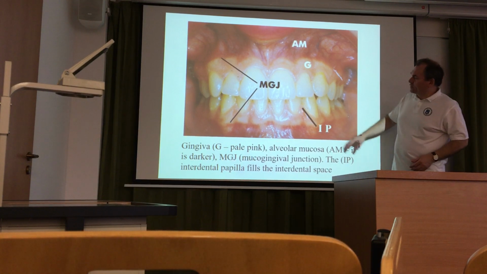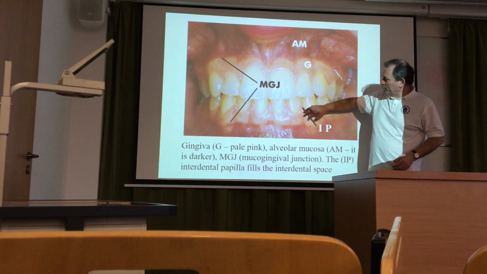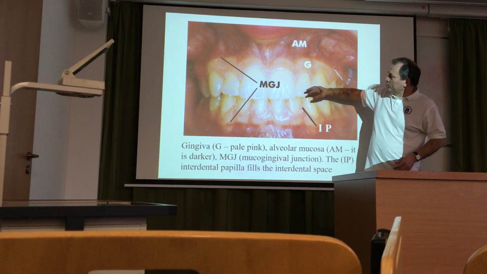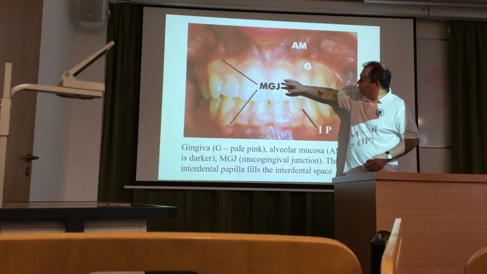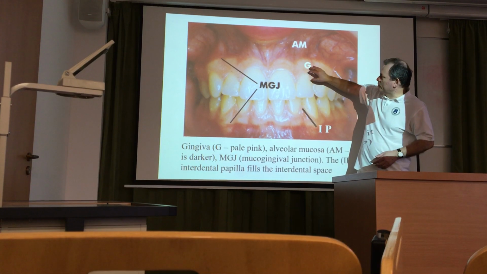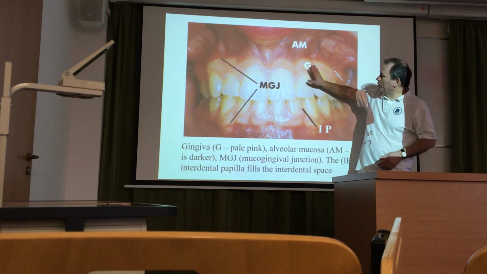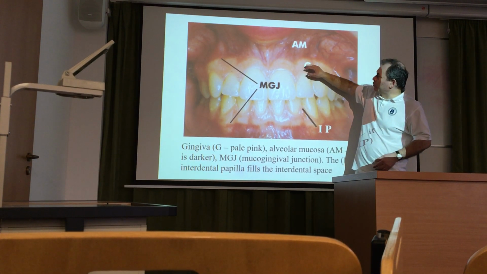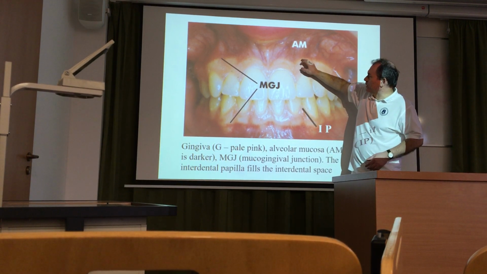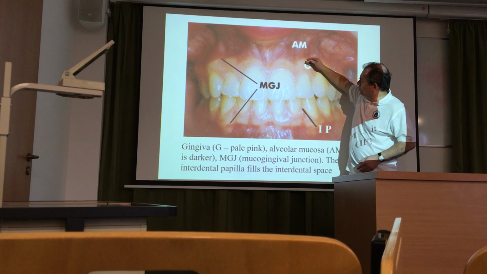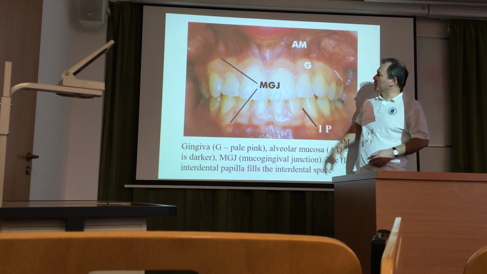You can see here the tissues and the different areas of the gingiva. The free gingiva is around the neck, of course, and the attached gingiva is bound to the bone layer, and the alveolar mucosa is above the junction between the attached gingiva and the mucosa.